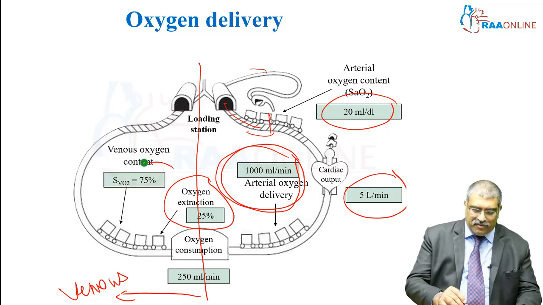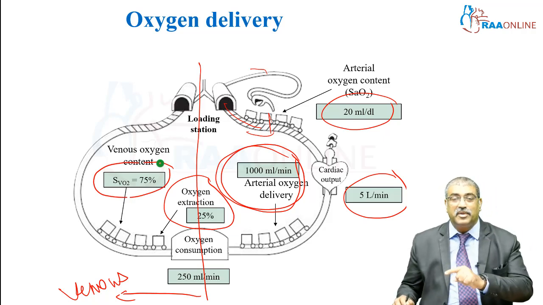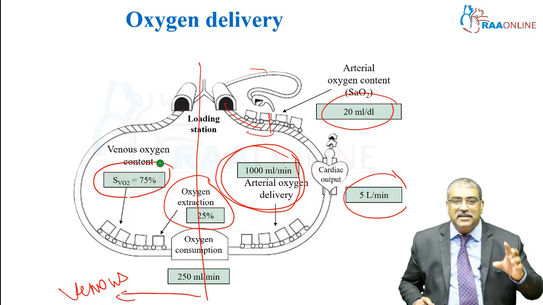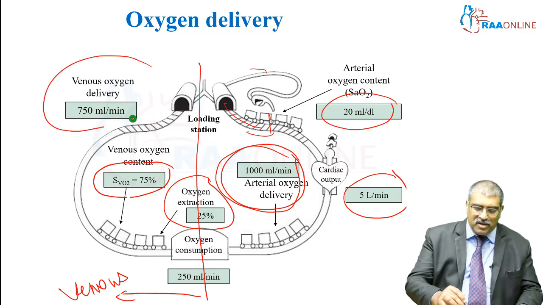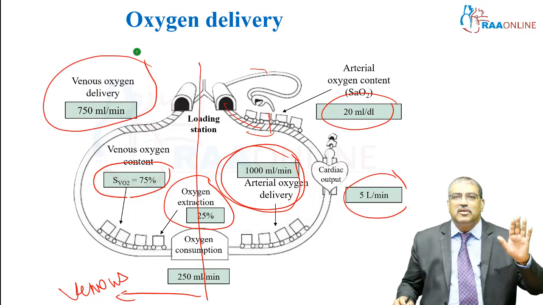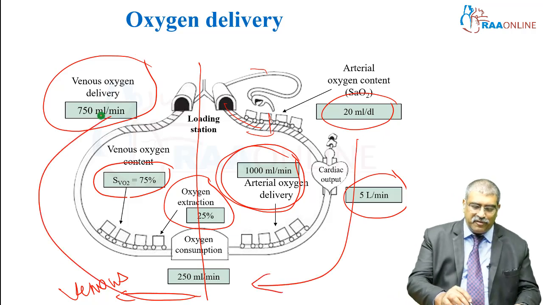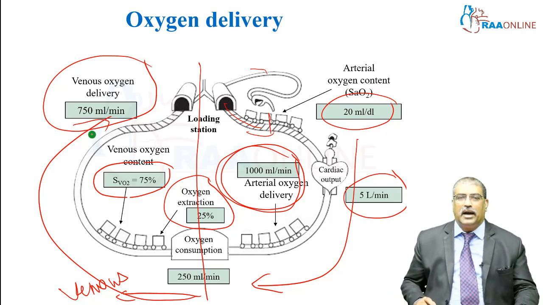Here, the venous oxygen saturation is around 75%. The arterial oxygen saturation is 100%. After 25% extraction, venous oxygen saturation is around 75% and the venous oxygen delivery is around 750 ml. So, 1000 ml of oxygen comes in and 750 ml of oxygen goes back to the right side of the heart.